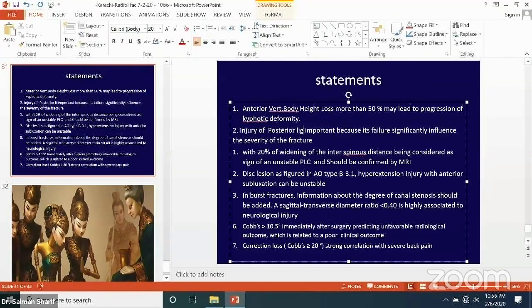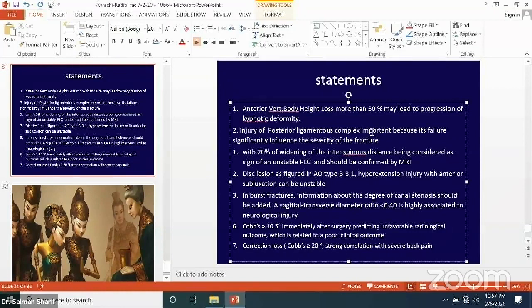Posterior ligamentum complex. No, posterior longitudinal ligament.